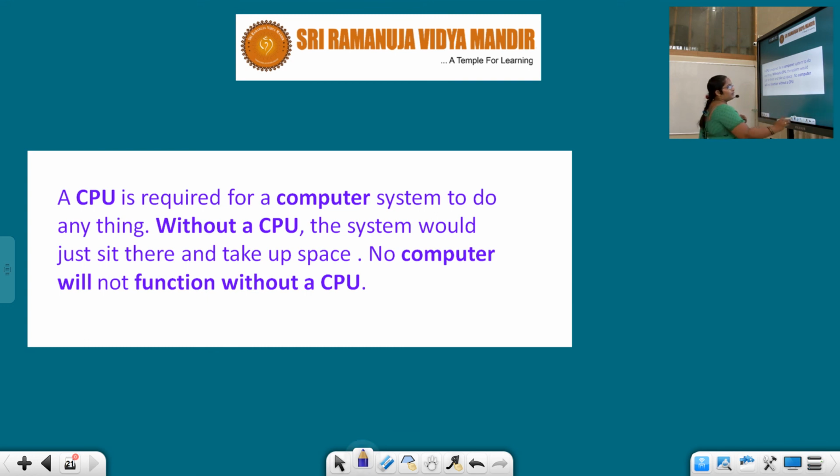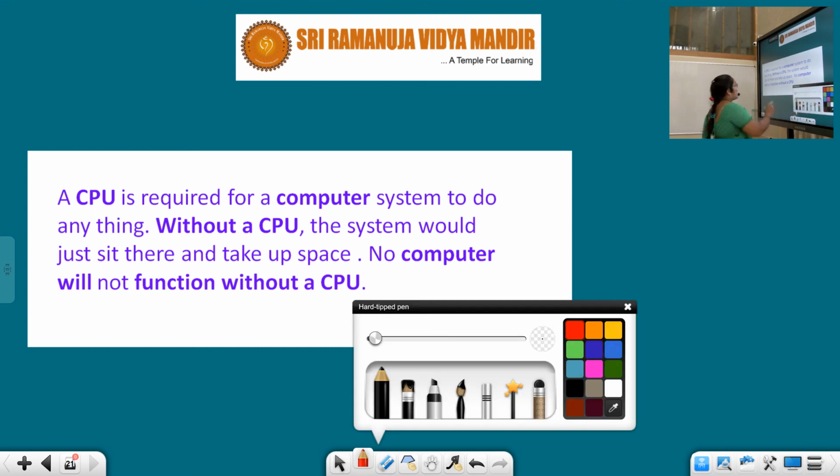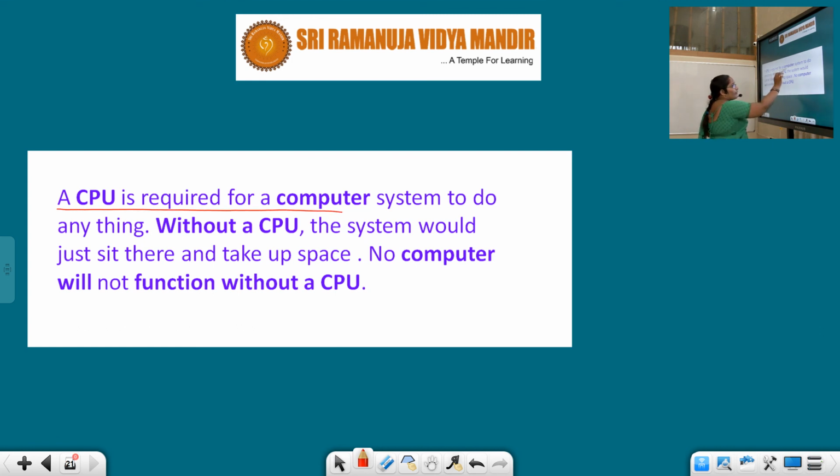Let me give some clarity here. A CPU is required for a computer system to do anything. For any operation to be performed, it requires a CPU. Without a CPU, the system would just sit there and take up space. It means without a CPU it is not possible to run a computer.